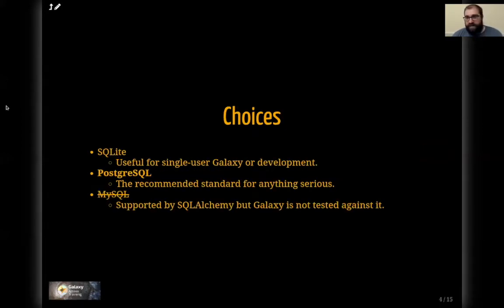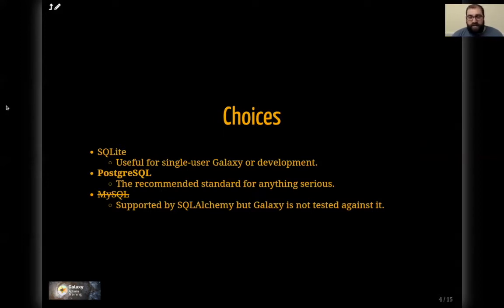This is really nice for development. Most people doing development on Galaxy don't run Postgres because it's quick and easy to get a SQLite instance of Galaxy up and running, with no external services to deal with.